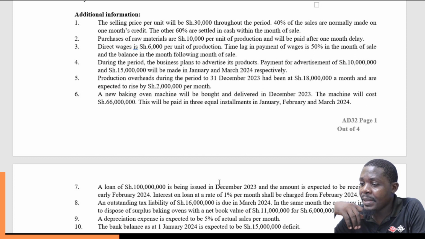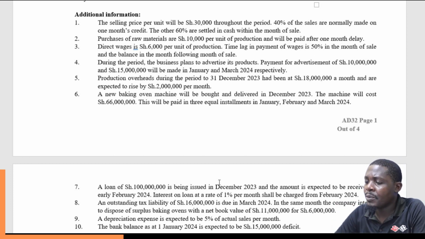Outstanding tax liability of 16 million is due in March. The same month the company intends to dispose of a surplus oven at its net book value. Depreciation expense is expected to be 5% of actual sales per month. Then the bank balance as from January 1st is expected to be a 15 million deficit.